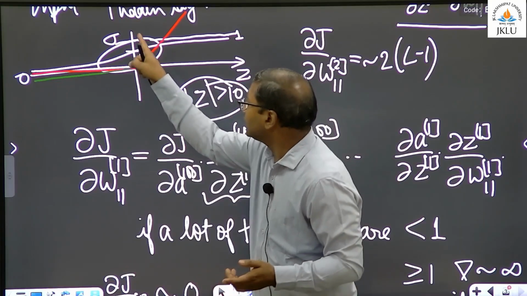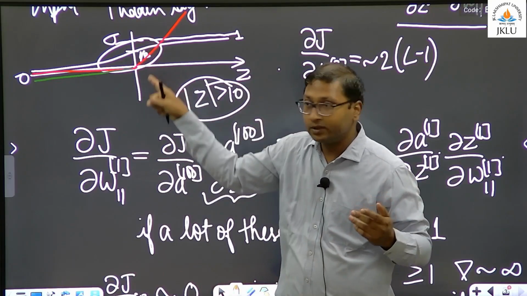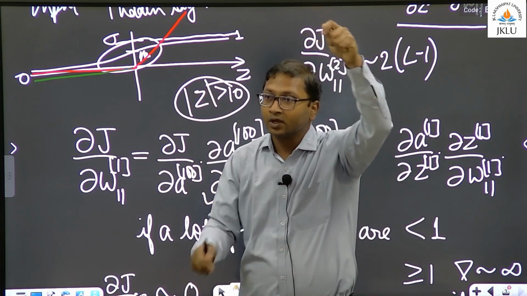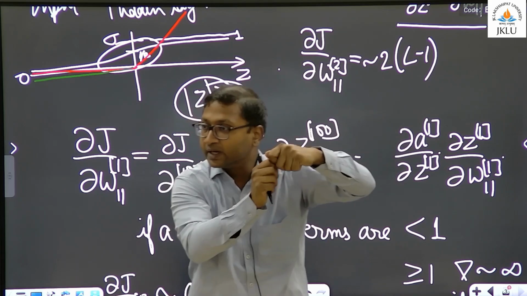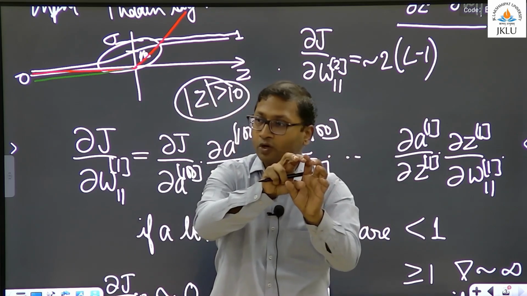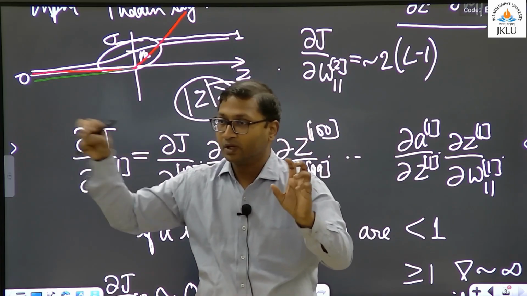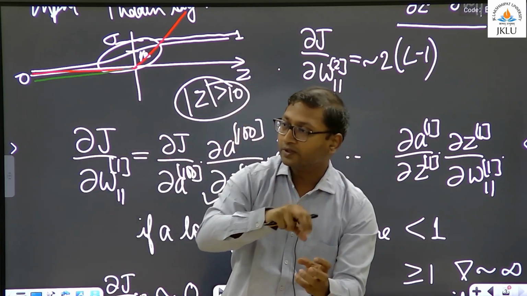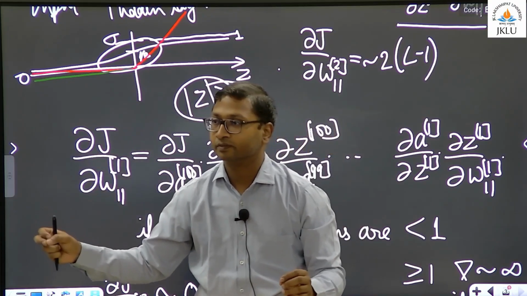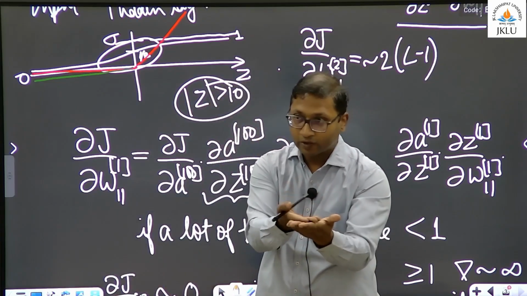So what is this essentially doing? If you have ReLU in your hidden layer, if the linear term turns out to be positive, this neuron will be active, will fire. If the term is negative, this neuron will not be active, will not fire. Okay, because what will be its output?